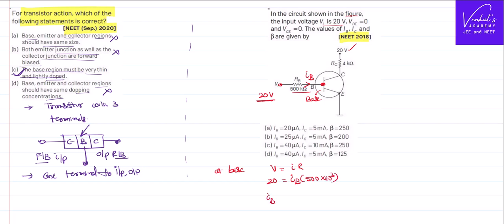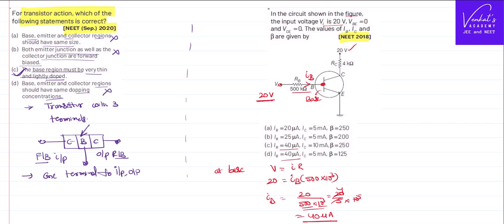So I base is 20 by 500 into 10 power 3. This is 4 into 10 power minus 5, that is 40 into 10 power minus 6, that is 40 microamperes. So base current is 40 microamperes.